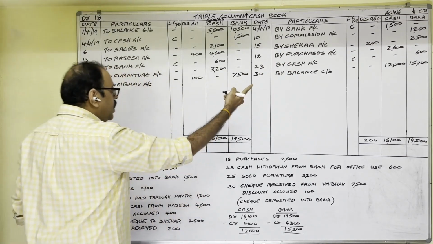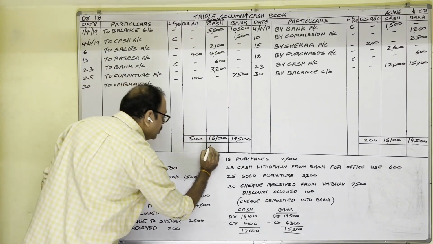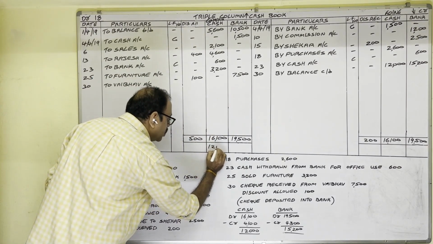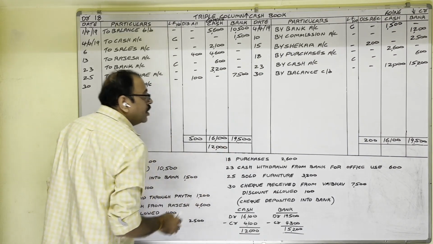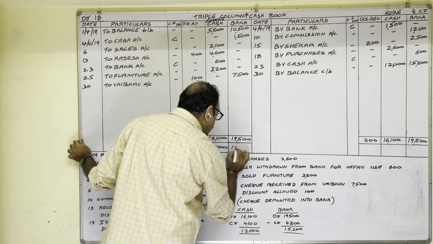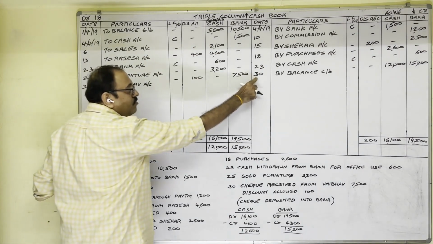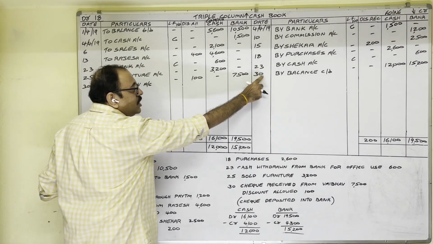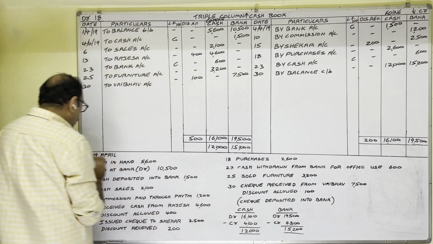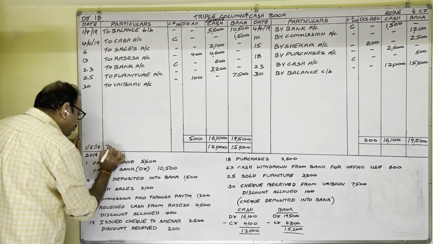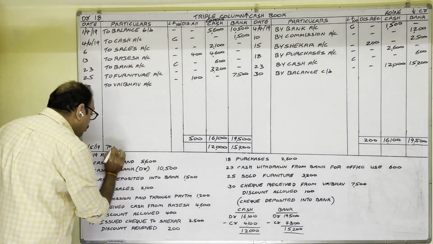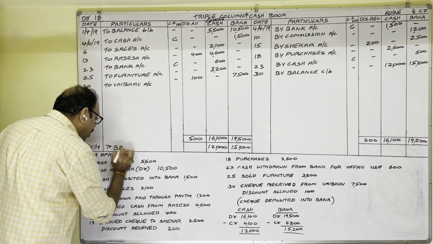Therefore, credit side amounts we should bring to debit: in the cash column, 12,000 rupees, and in the bank column, 15,200 rupees. Date is the next immediate date of this date. If today's date is 30 April, tomorrow is 1st May, we are bringing the balance now. So write down balance brought down.